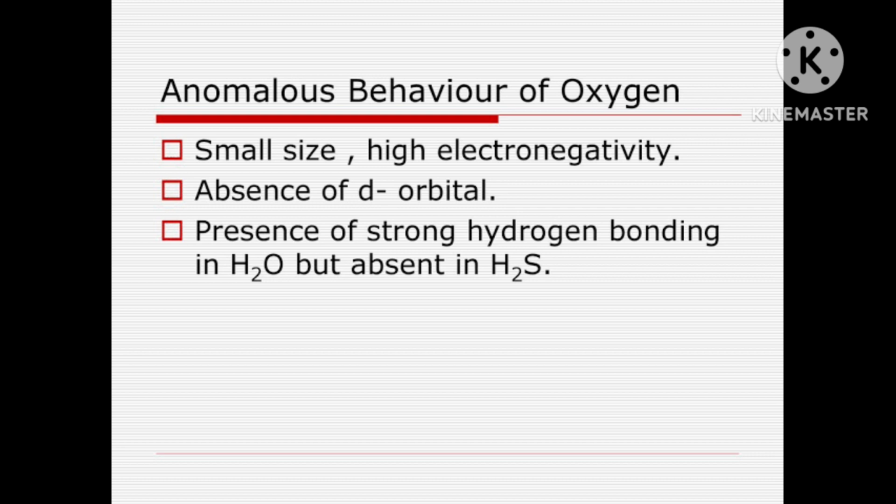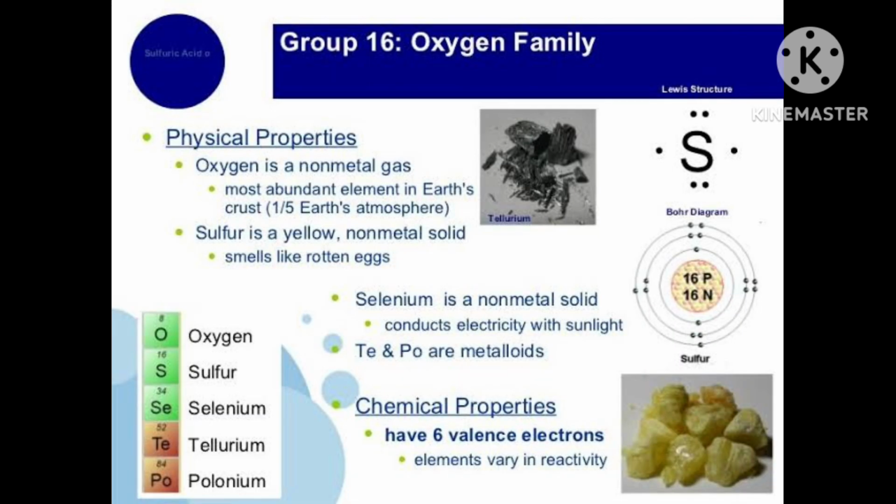Sulfur dioxide is a reducing agent, which means it will supply the electron during reduction. It gives electrons and the other element takes the electron. That's why it has reducing properties.